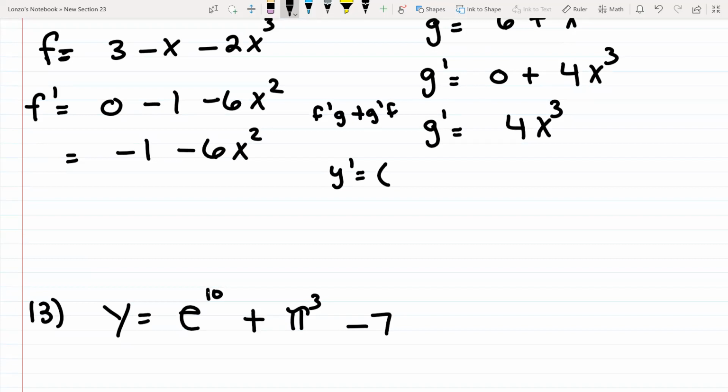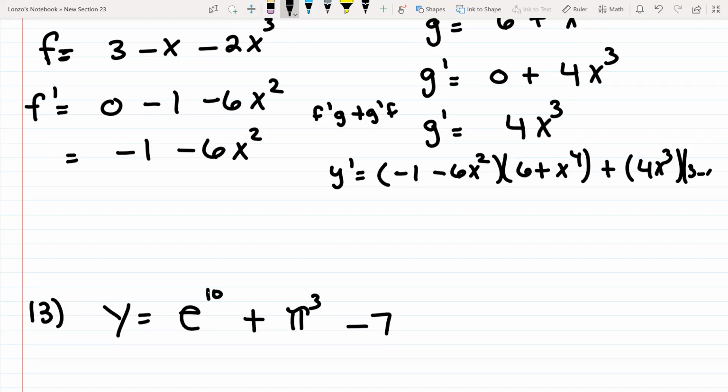Okay, so f prime is -1 minus 6x squared times regular g, which is 6 plus x to the 4th, plus g prime, which is 4x cubed times 3 minus x minus 2x cubed. And when you multiply, FOIL, and collect like terms, your final answer is going to be this.